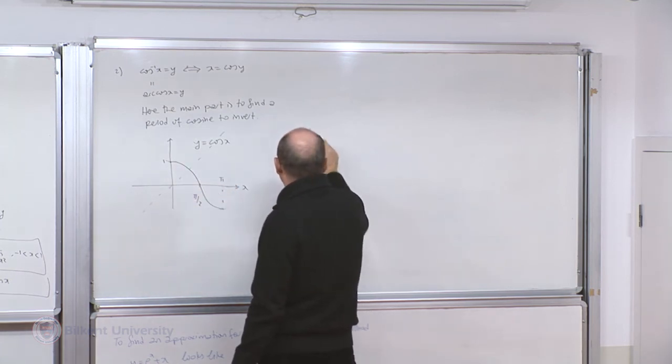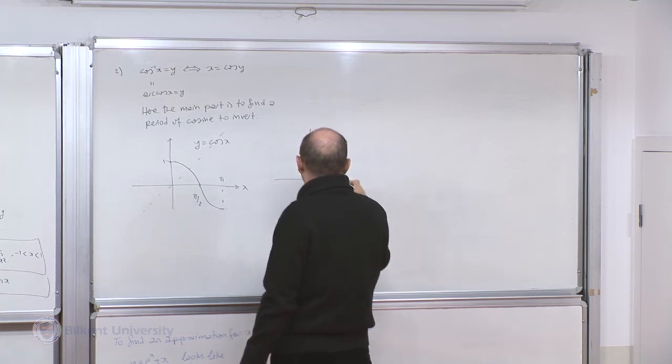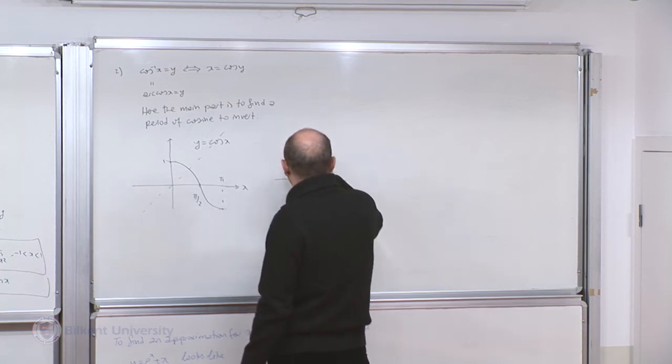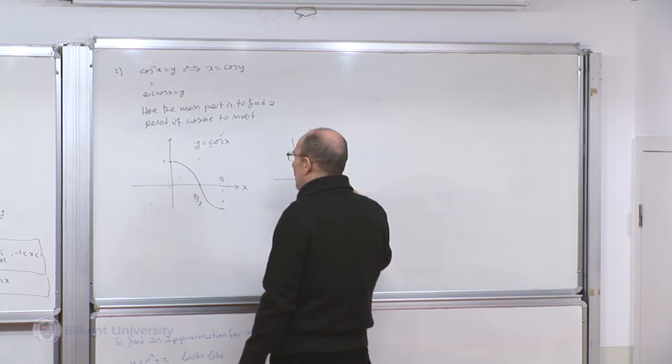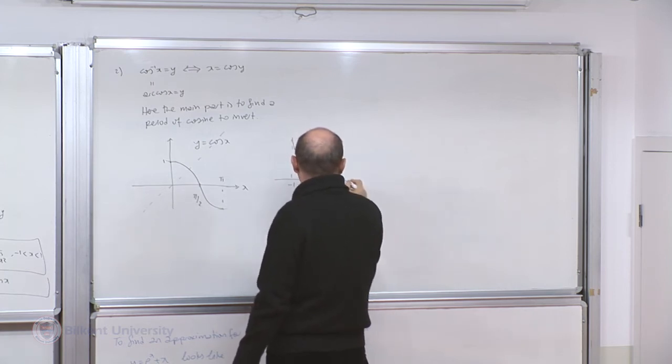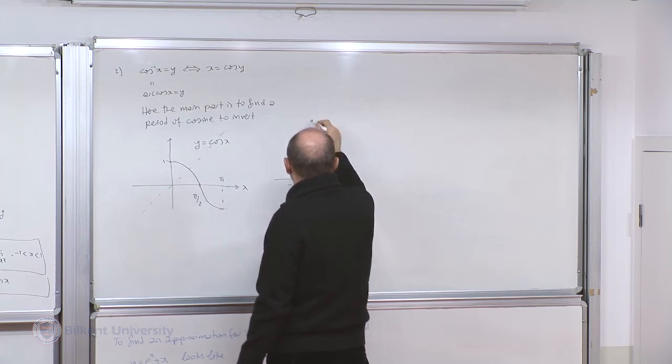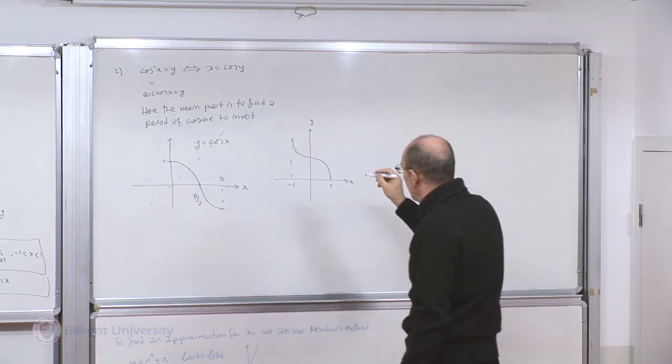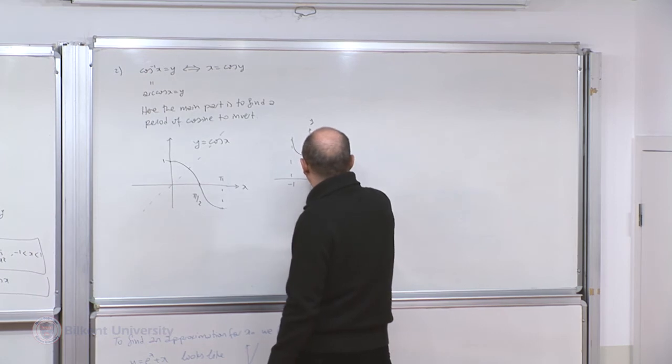Okay, so let's now reflect this. So it will be something like this. This is now 1, this is minus 1, x, y, this is pi over 2, this is pi.